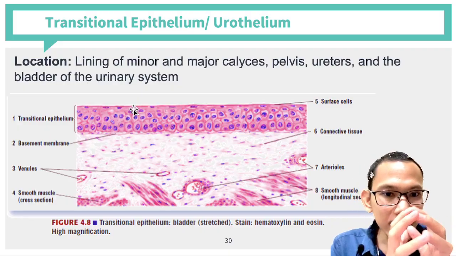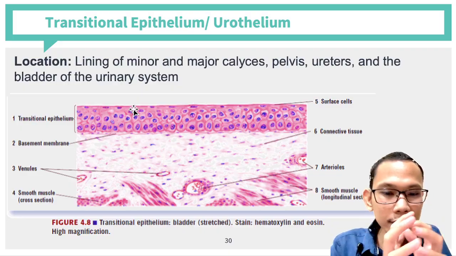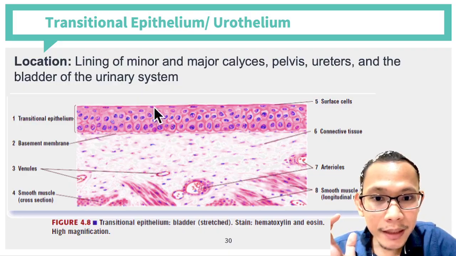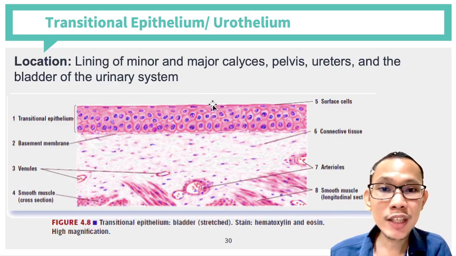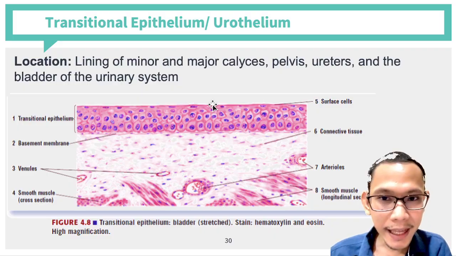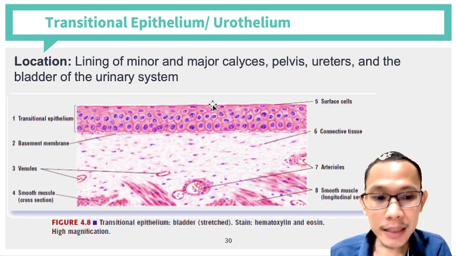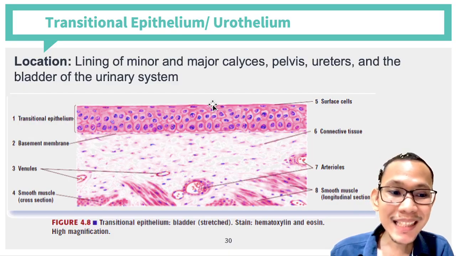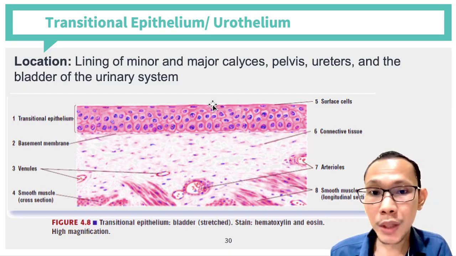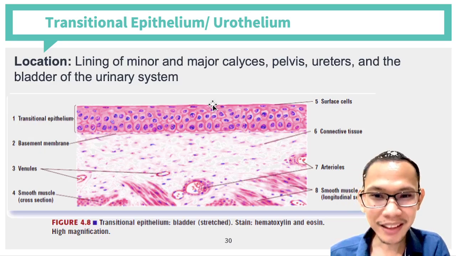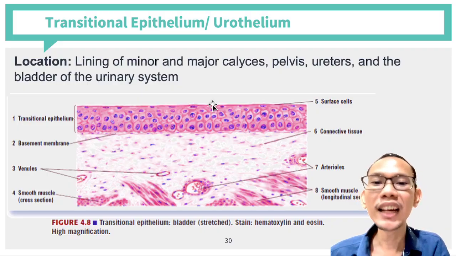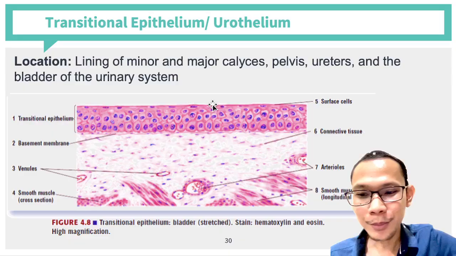But when it is stretched, the epithelium here, nasa-stretch out yan, and it resembles now a stratified epithelium. Again, it will change in response to the distension or caused by the fluid accumulation in your urinary bladder. Please remember that. Kaya nga, tinatawag natin sila na transitional epithelium. Okay? Very good.